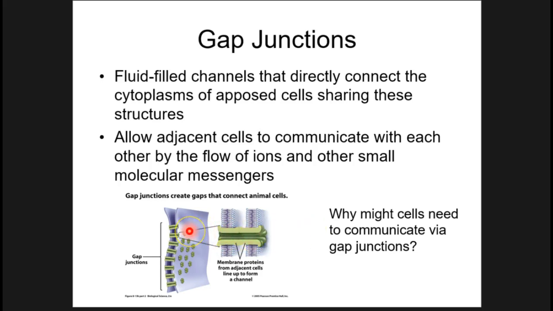They're going to share that fluid content of their cells. It is continuous when there are gap junctions, which means if this cell suddenly gets a bunch of calcium, then this cell also suddenly gets a bunch of calcium at the exact same time. It can just go straight through this channel. So gap junctions are something you're going to see in cells that need to communicate very quickly.